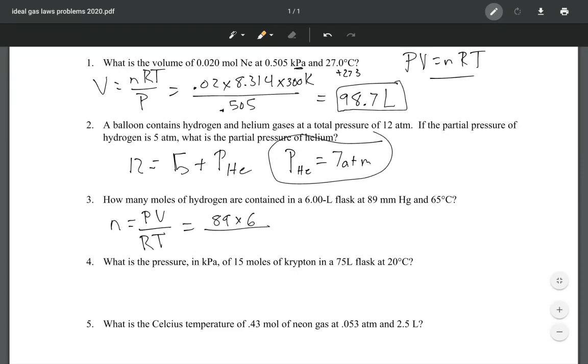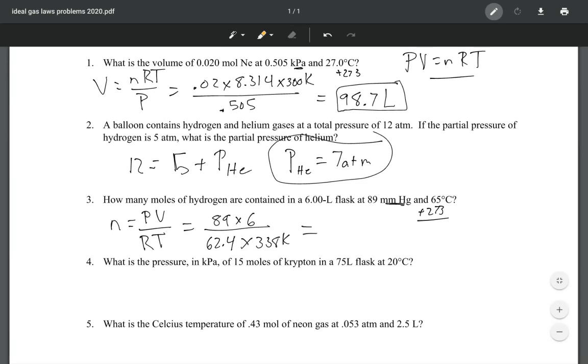Then we need the gas constant in millimeters of mercury, which if you check your reference tables is 62.4 liters millimeters of mercury per mole Kelvin. And then we need our temperature. So we take 65 plus 273, which is 338 kelvins.